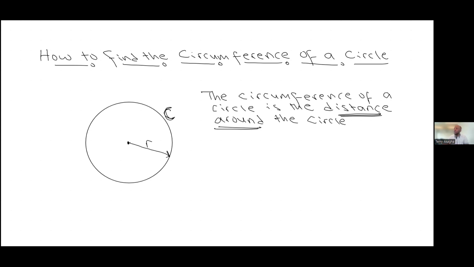So now, how do we calculate the circumference of a circle? The formula is the circumference C is equal to pi multiplied by the diameter of the circle. So if you have a particular circle, how do you find the diameter?